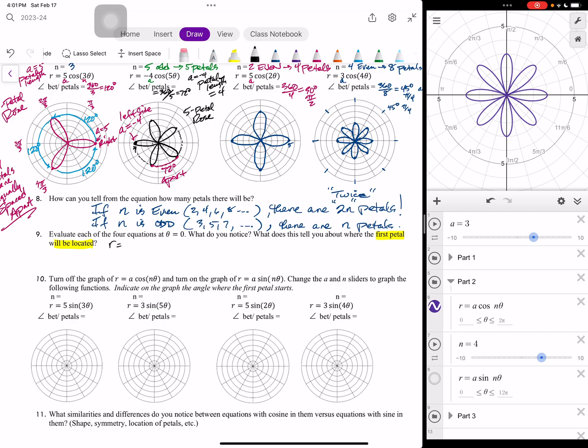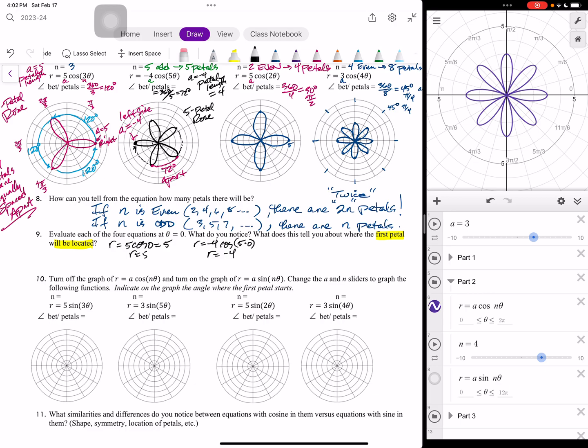r is equal to, on the first one, 5 times cosine of 0. Cosine of 0 is 1 times 5 is 5, so r is 5. Okay, next function. So r is equal to negative 4 times cosine of 5 times theta, so times 0. Cosine of 0 is 1 times negative 4 is negative 4, so r is negative 4 here.